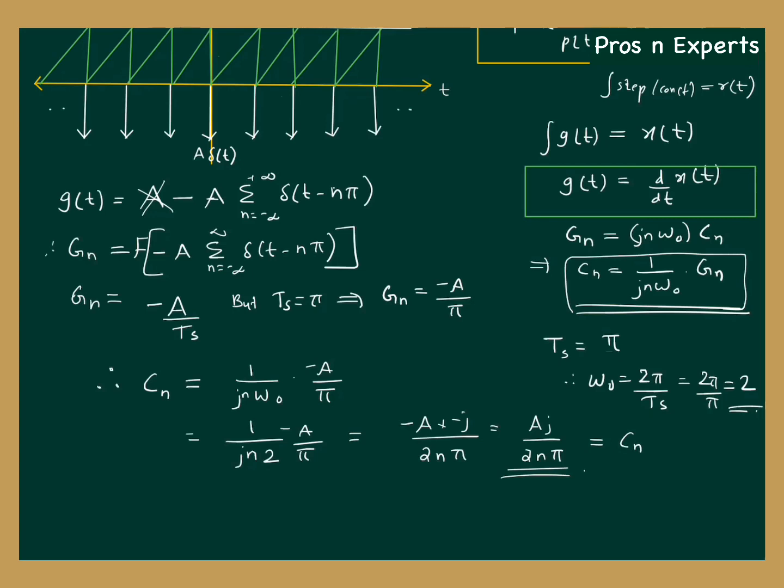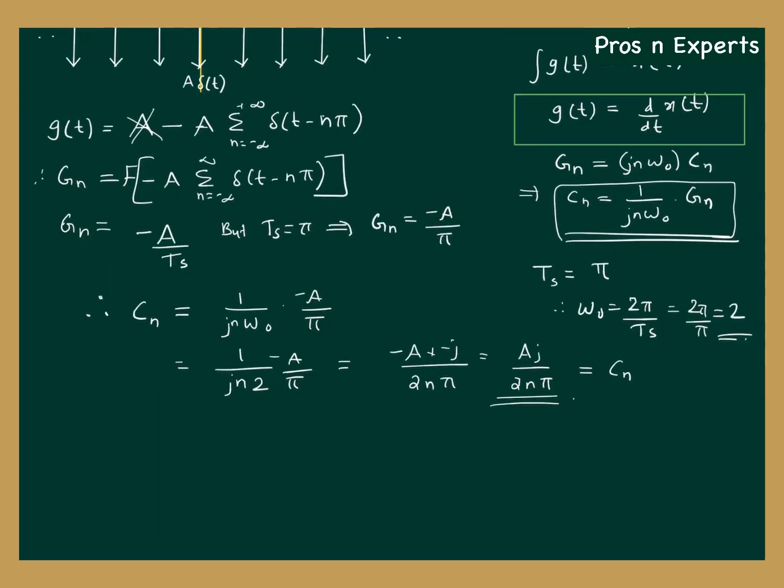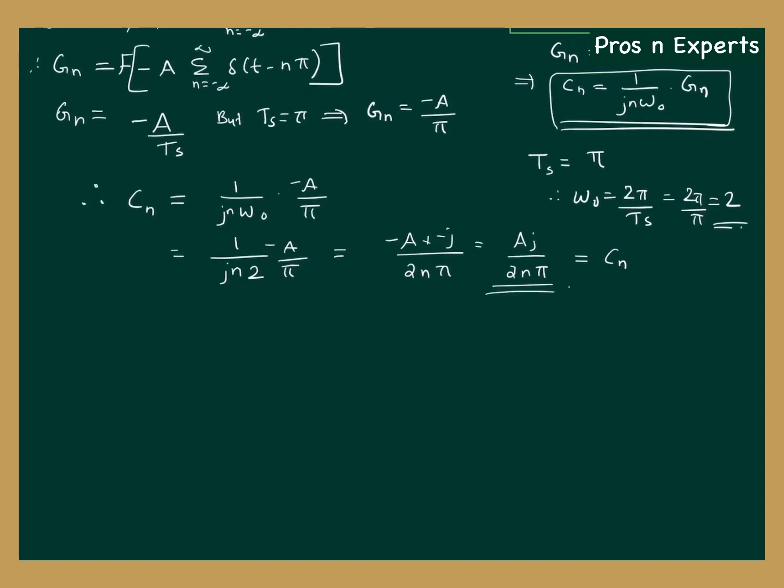But you may have to write the trigonometric Fourier series coefficients of x of t. So there is one last relation you need to learn by heart. It is nothing but the relation between complex Fourier series coefficients and trigonometric Fourier series coefficients. This is very important.